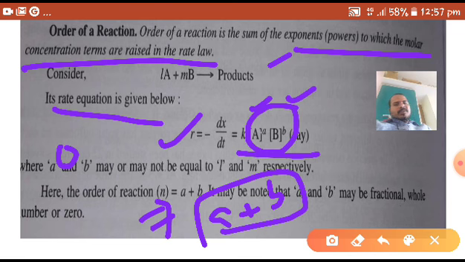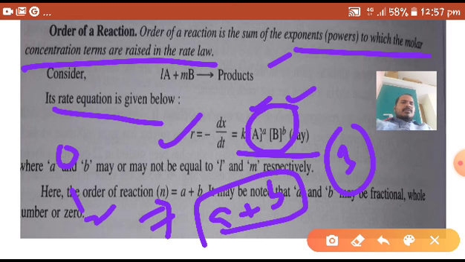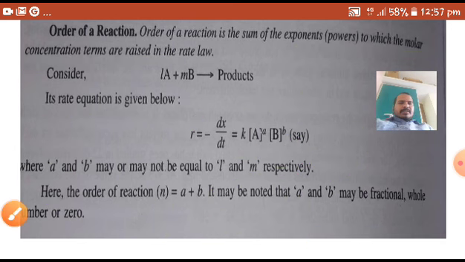If the sum of the powers of the concentrations of the reactants in a rate law is 1, it is called first order. If it is 2, it is a second order reaction. If it is 3, it is a third order reaction. So order should be in integers only, 1, 2, 3, like this. This is about order of a reaction.